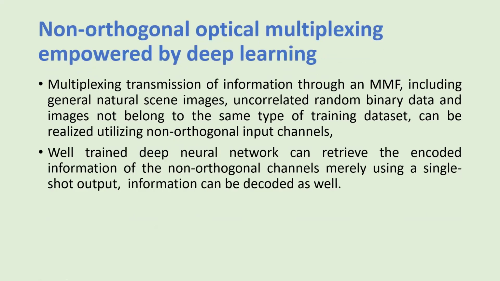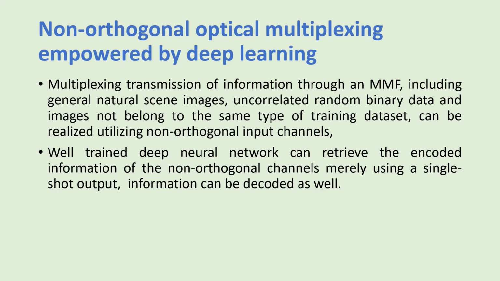So multiplexing of non-orthogonal optical signals or optical light fields involves the incorporation of scene images, as we shall see how images are part of the information that is propagated onto the medium. And then that information is fed into the neural network, the deep learning neural network.